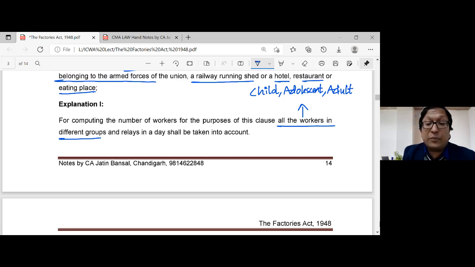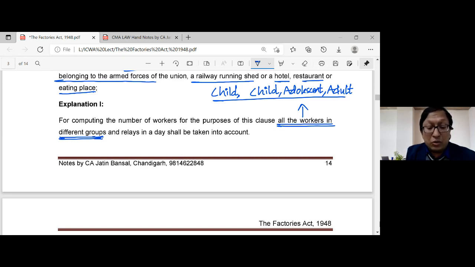Even if some enterprise is employing children below 14 years of age, for this clause purpose we need to include all the workers in the different groups.